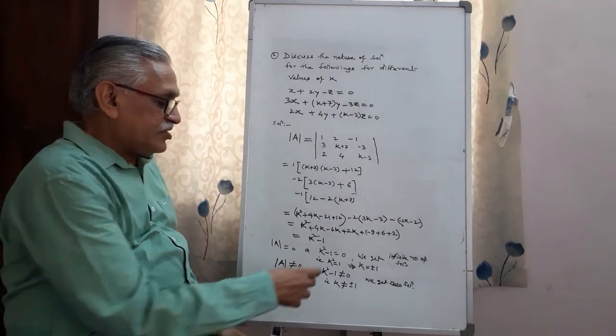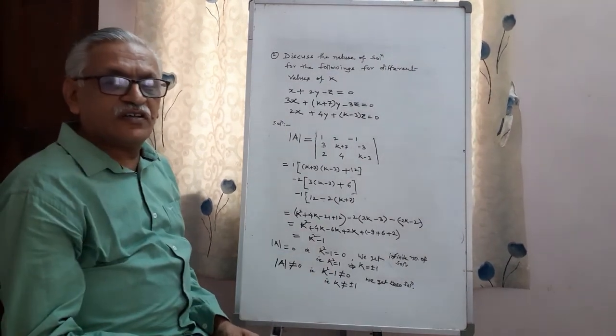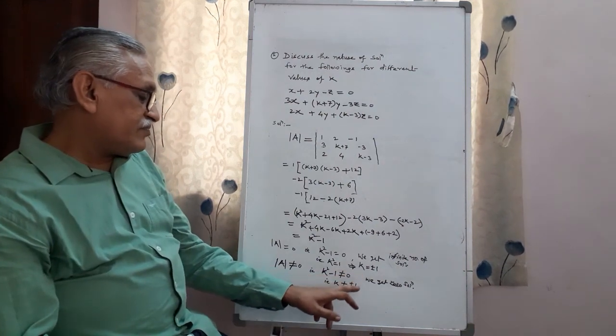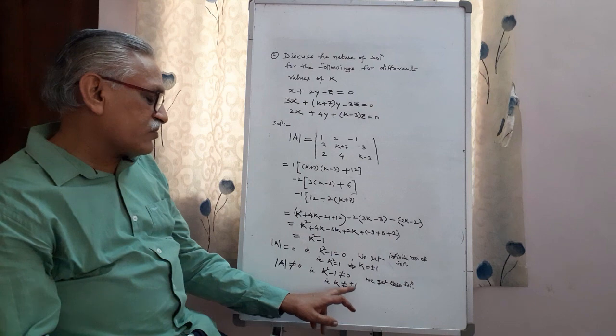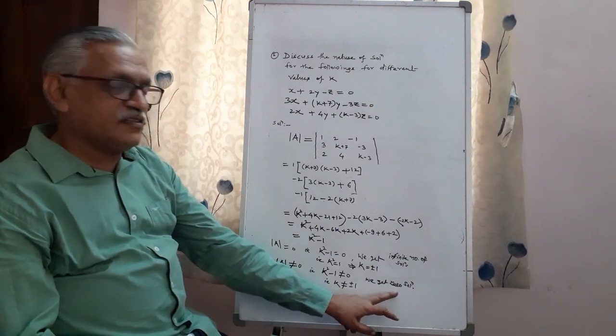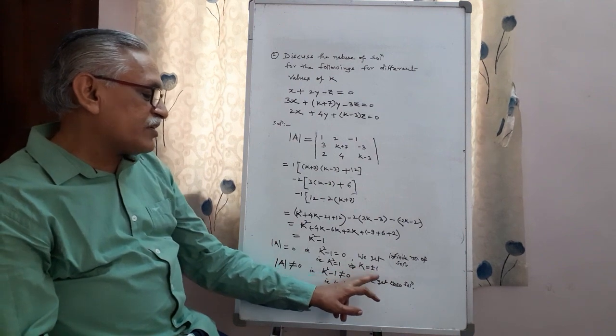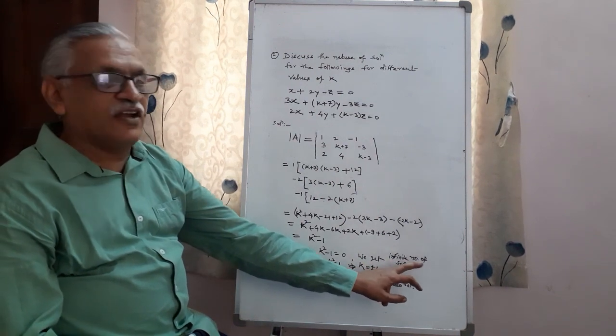Therefore, these are the values for which we get different types of solution. For k not equal to plus minus 1, we get the zero solution or unique solution, and for k equal to plus minus 1, we get an infinite number of solutions.